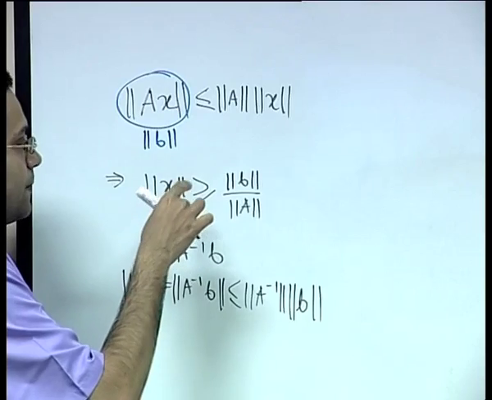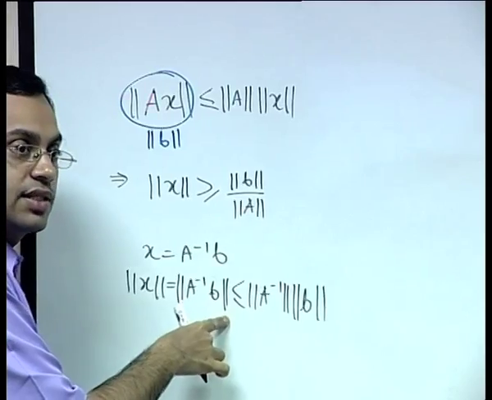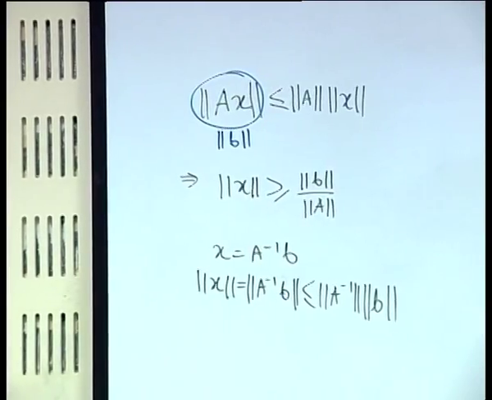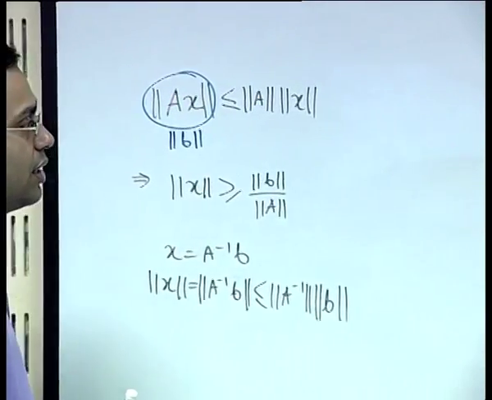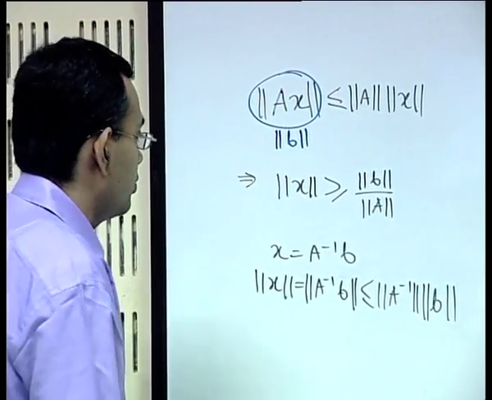So, we get one lower bound of x and one upper bound of x, norm of x. Now, you can write Ax equal to B, and you can write Ae equal to R, where R is the residue.